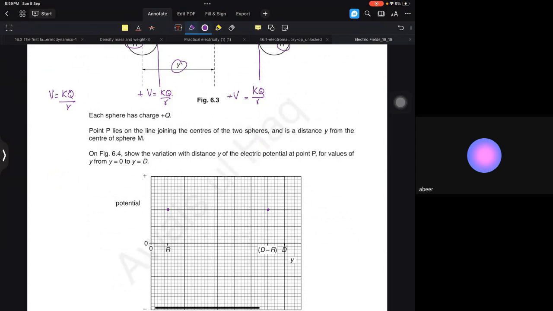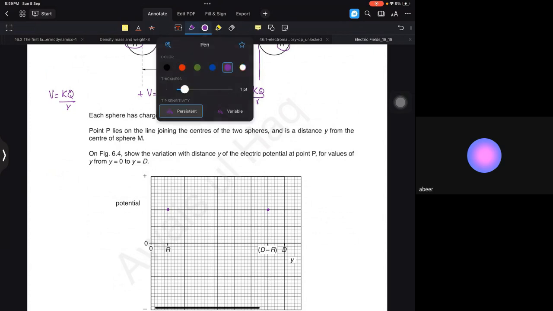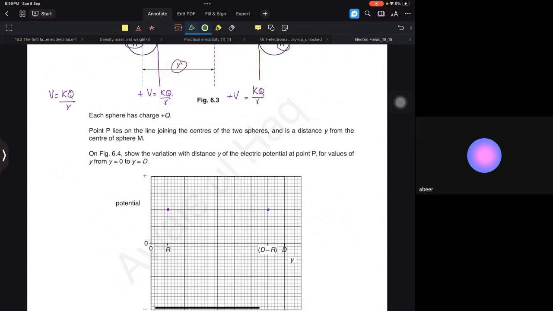Now, I'm going to draw the individual graphs just to show you what it means, though it's not necessary. For R, the potential within the sphere stays constant because it's a metal sphere. And then it starts to decrease like this. And for the other one, it's the same. It will be constant from the center, and then it will decrease.